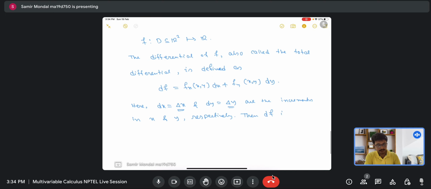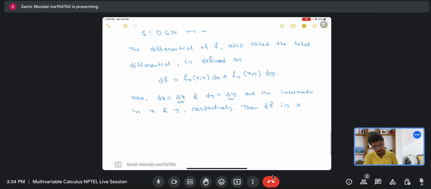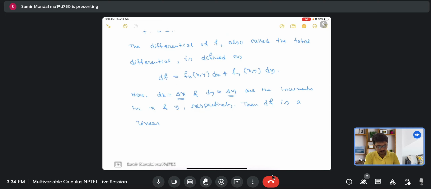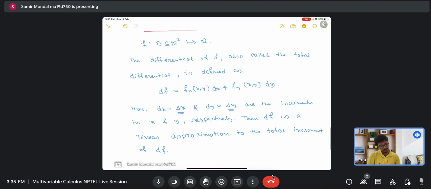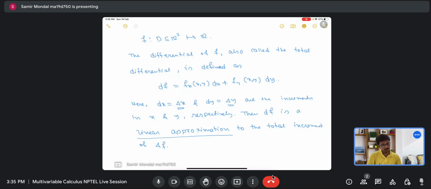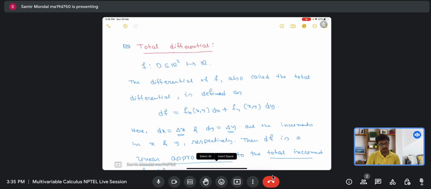Then df is a linear approximation to the total increment. So the total differential is nothing but a linear approximation to the total increment, and this can be written as df equal to the partial derivative with respect to x at the point (x, y) times dx plus f of y times dy.